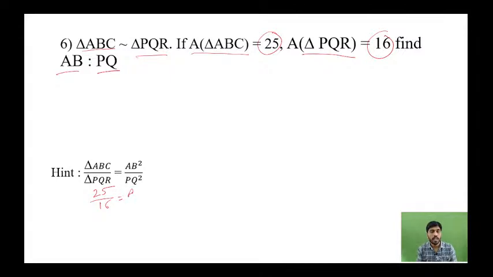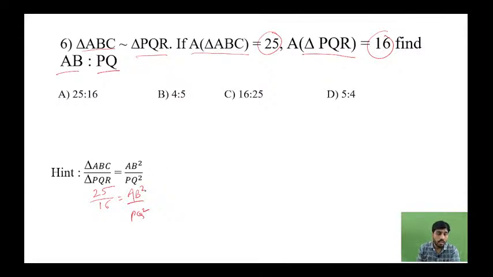But these are actually AB square and PQ square. So we need to take the square root to get the answer of AB and PQ. We know the square root of 25 is 5 and the square root of 16 is 4. So option D is correct, which is 5 to 4.